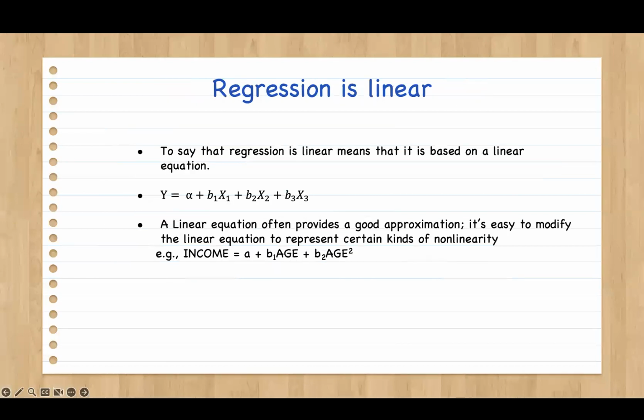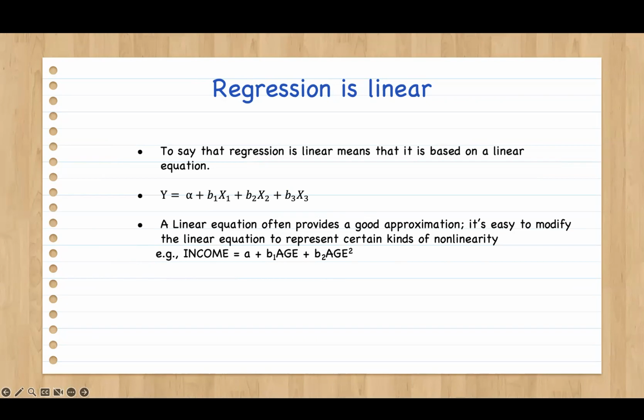A more general way of writing an equation with multiple independent variables is y equals a plus b1x1 plus b2x2 plus b3x3. A linear equation is perhaps the simplest way to describe a relationship between two or more variables and still get reasonably accurate predictions.